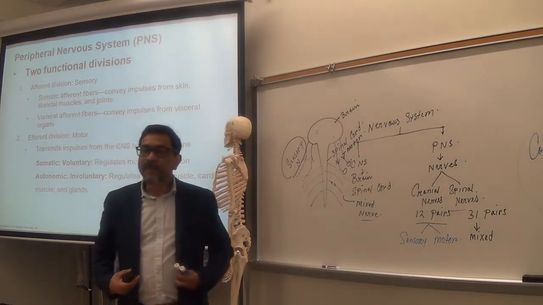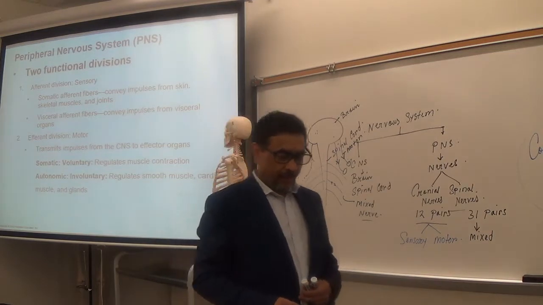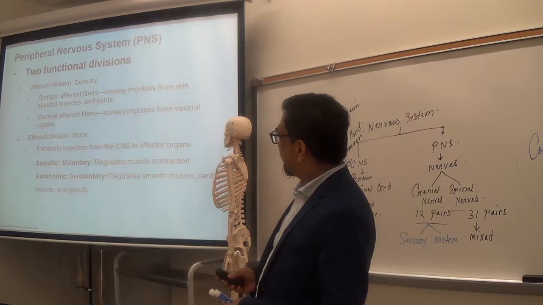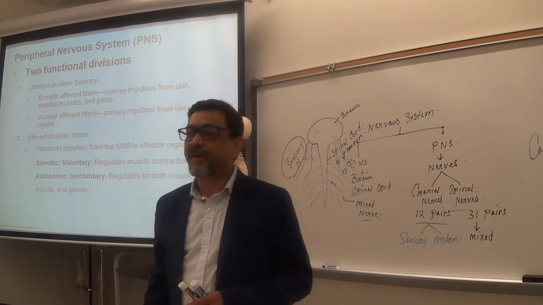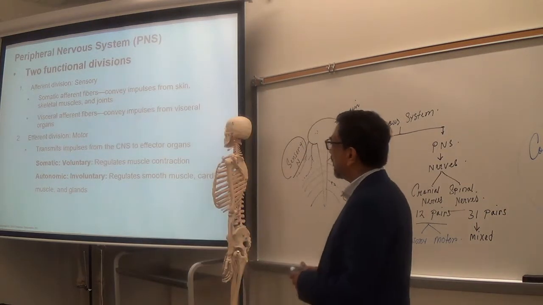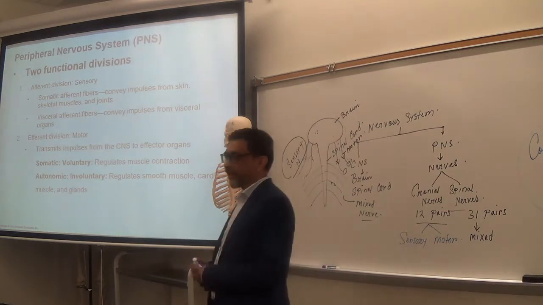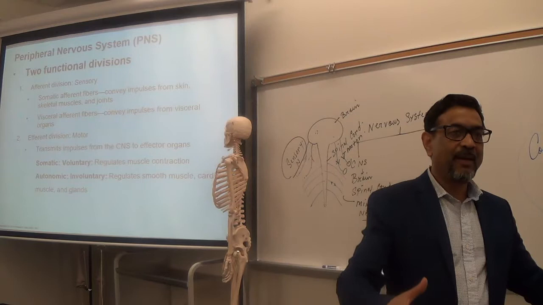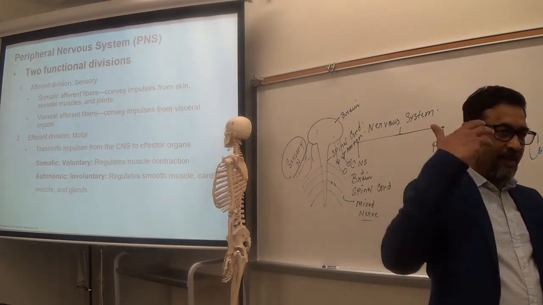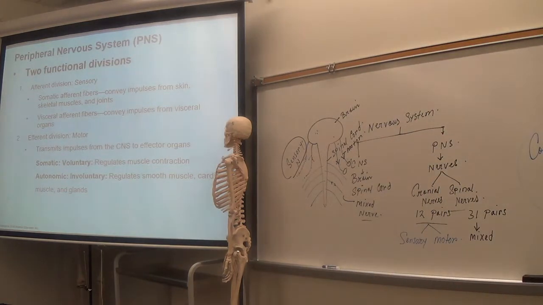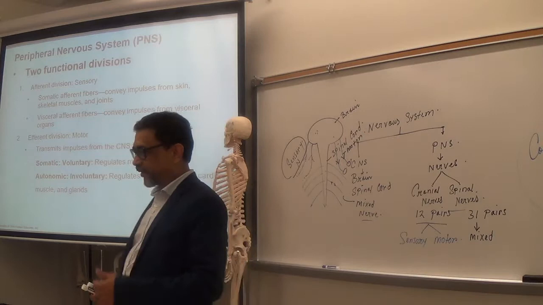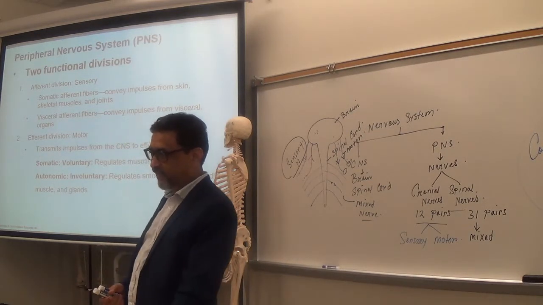Sensory is also called afferent and motor is also called efferent. Just remember A for arrival and E for exit, getting out. So sensory are afferent, motor are efferent, getting out, exiting.